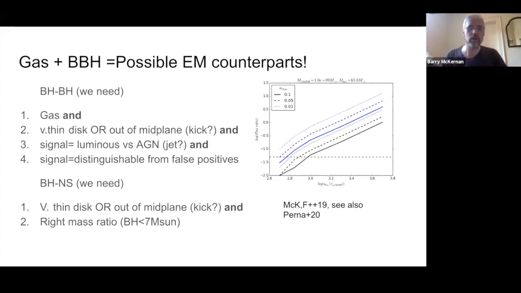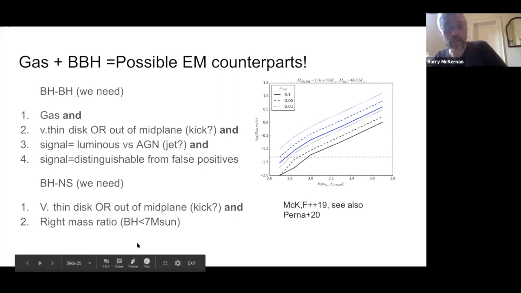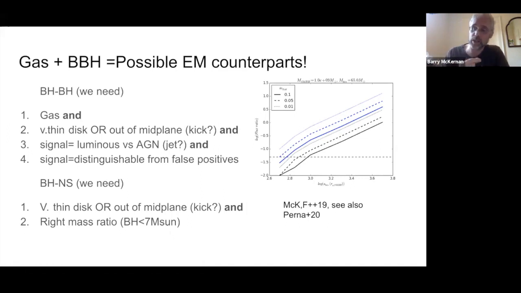So it's going to be really hard to pick up these things if you can't get out of that dense, optically thick midplane. Also for black hole neutron stars, we'll want something like a reasonable mass ratio, so you shred the neutron star before it gets swallowed so that you get some sort of electromagnetic counterpart.